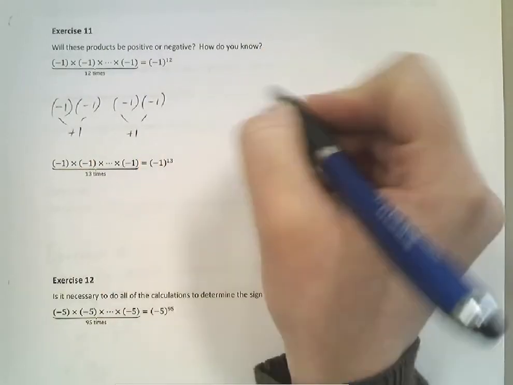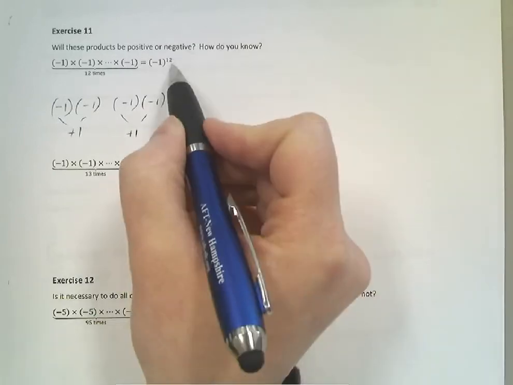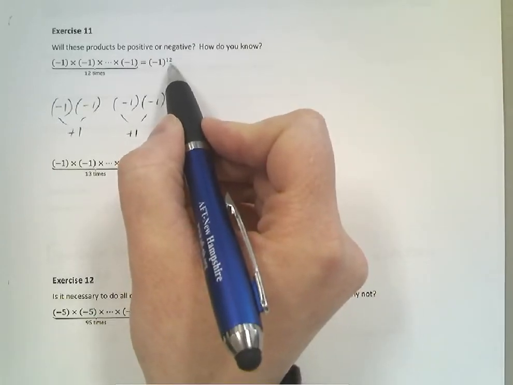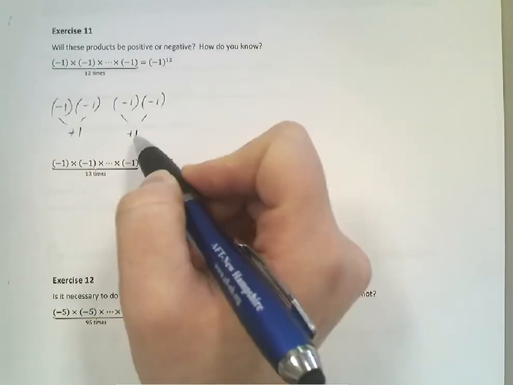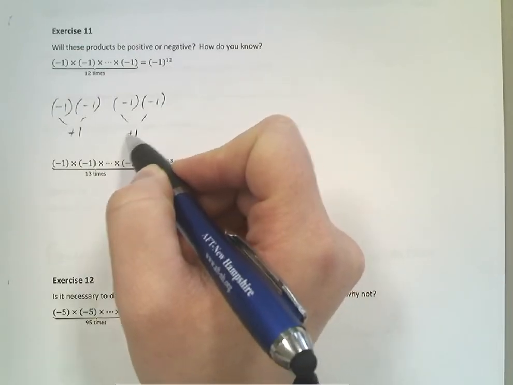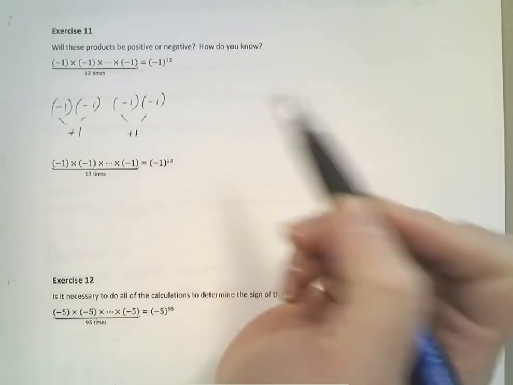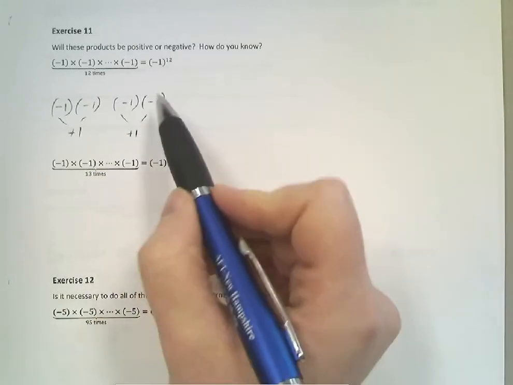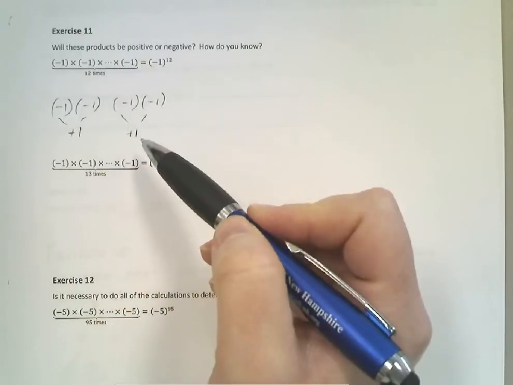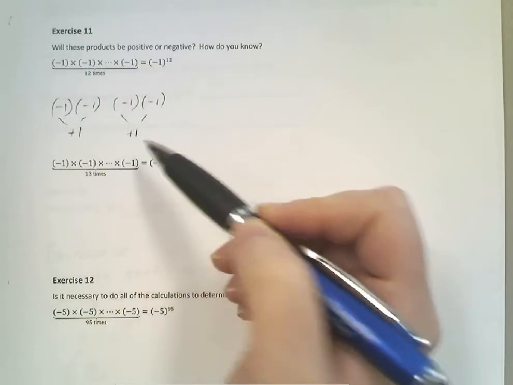And then another and another and another. So all 12 -1s are going to have a pair that is going to multiply by itself and be equal to +1. So actually my answer is going to be positive, right? Because every single one has a pair that makes a +1.